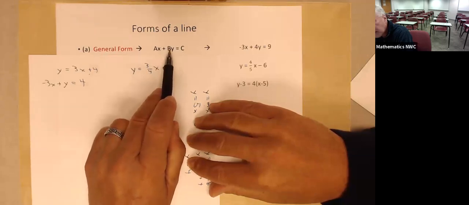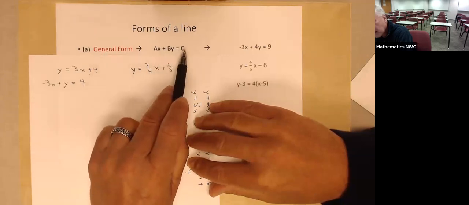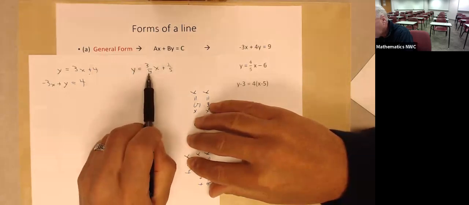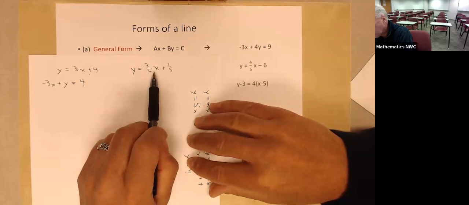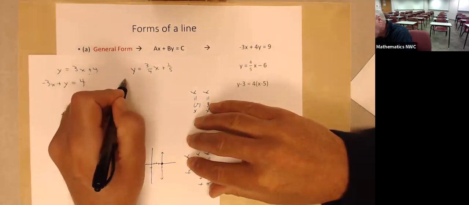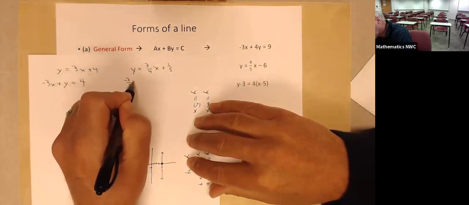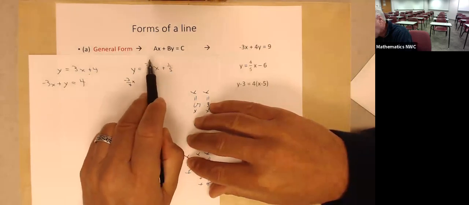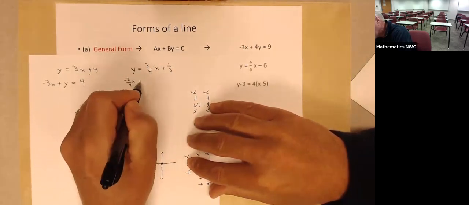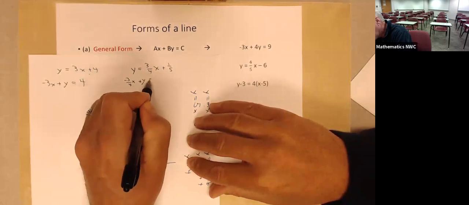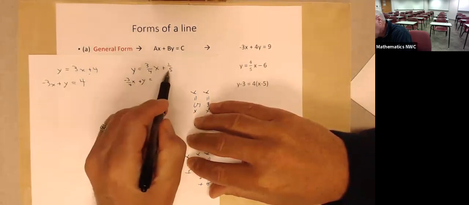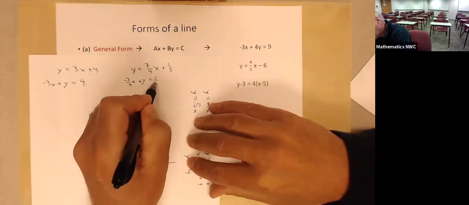B is an integer, not a fraction, and C is an integer, not a fraction. So if I take this 3/4 x term and bring it over, it would be a negative 3/4 x. Then my y term, which is y, equal to my number, which is 1/5.